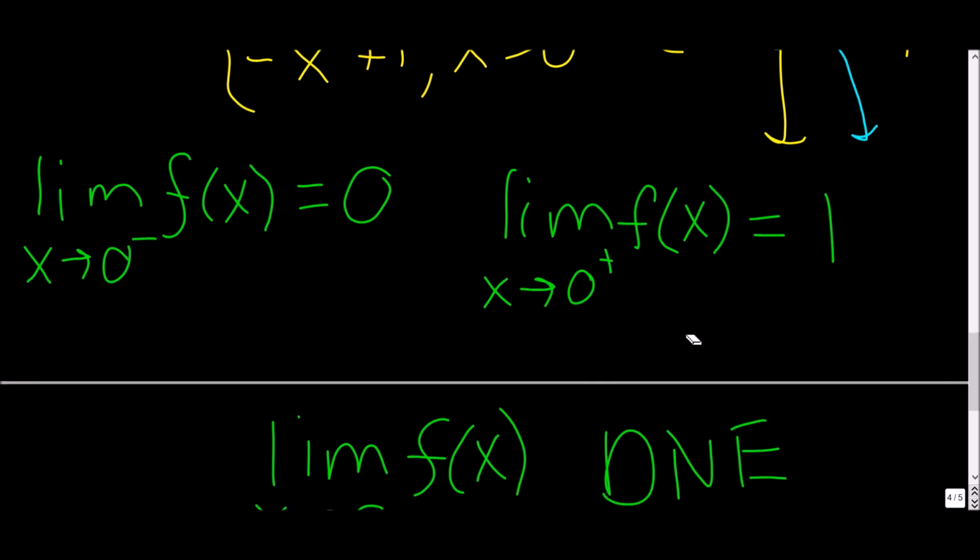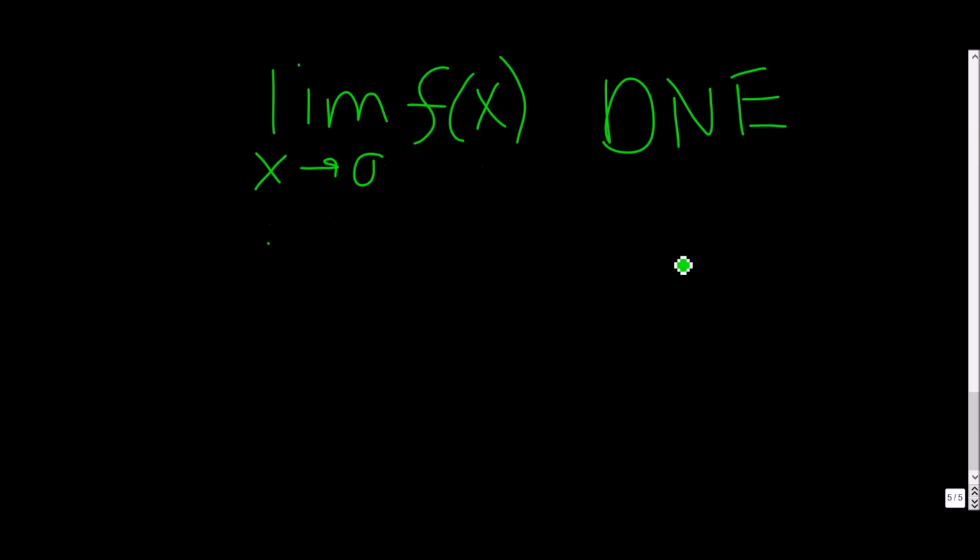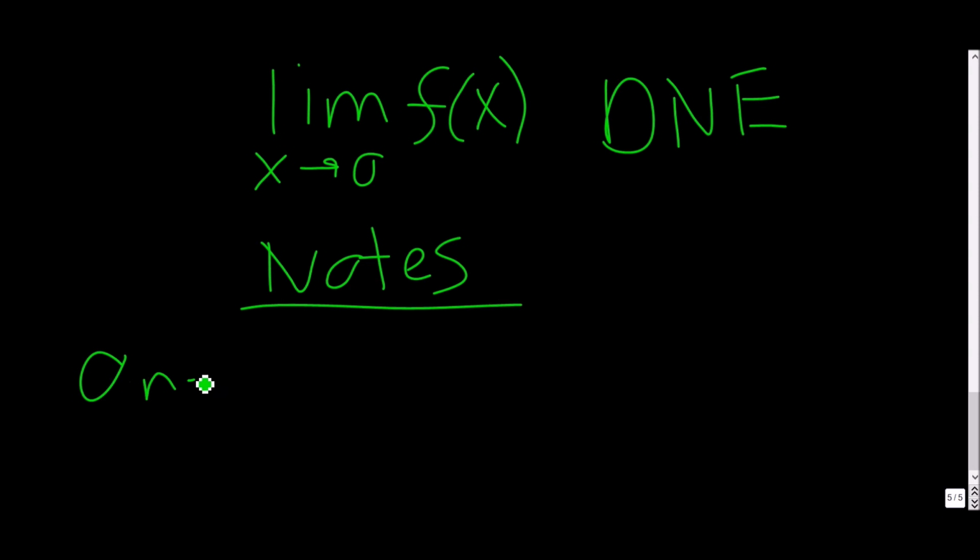So big key here is that, you know, for a limit to exist, it has to agree left and right. And also, a couple of things. So notes. One-sided limits always exist.